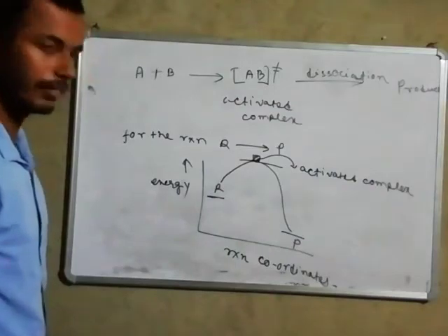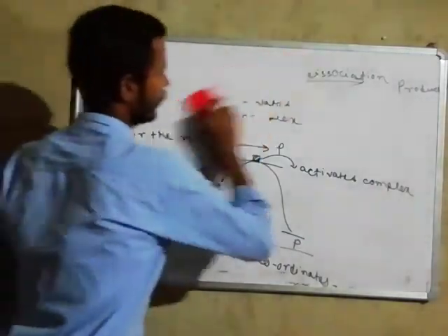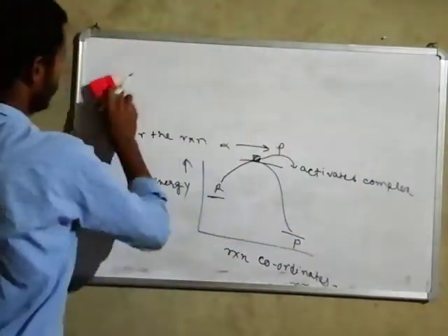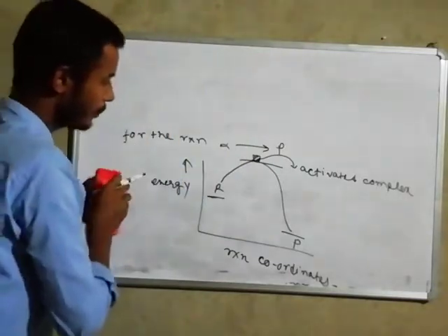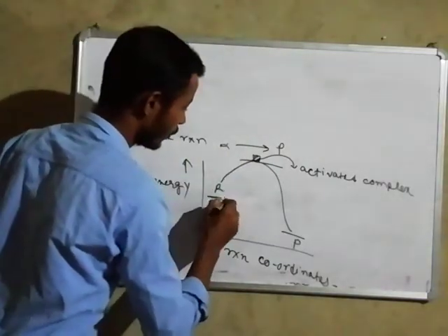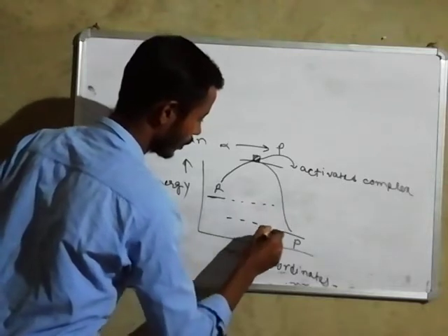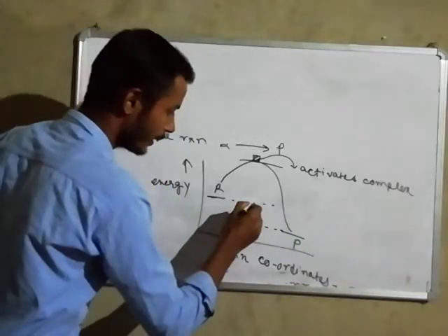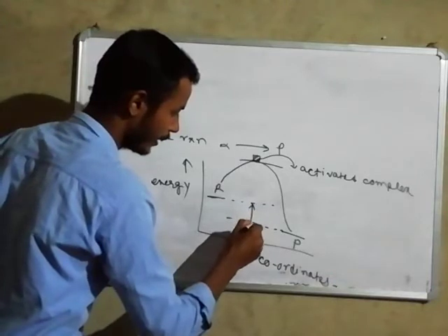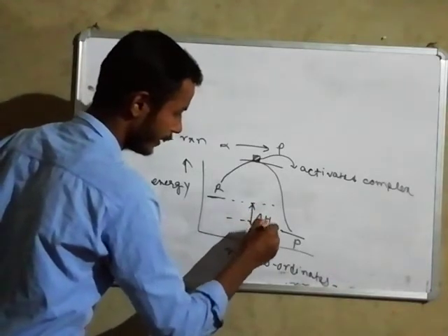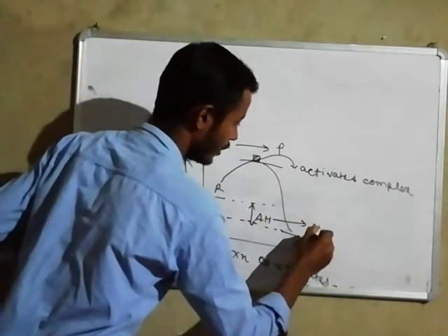Okay. Look here, this is the reactant, this is the product. So the energy difference between the reactant and product is known as what? Enthalpy.